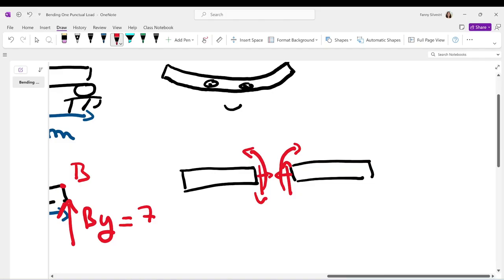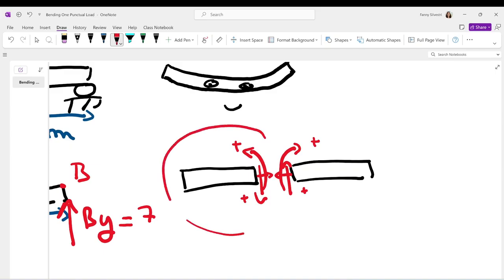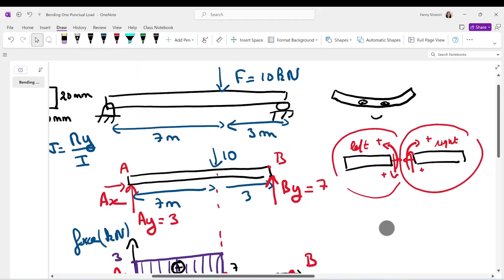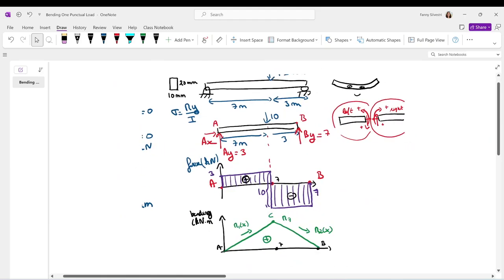And the convention is for positive. It means if we cut the beam and we look at the left side, we need to use this one. This is for the left side. If we cut and look at the right side, we use that convention. Okay, so we will do that to find the equation.